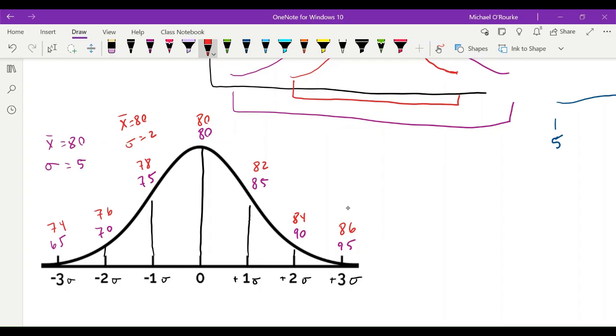The high mark for the red is going to be 86 compared to 95, and the low mark is going to be 74 compared to 65. So the range of marks is much smaller, from 74 to 86. That's just an example of how you can connect standard deviation with a normal curve.